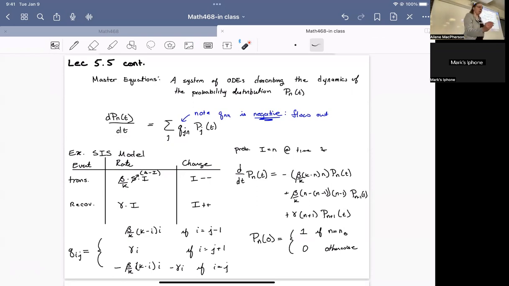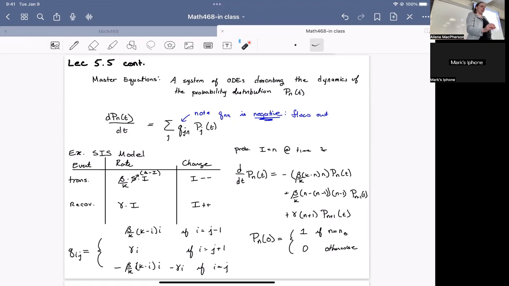The important thing to remember is that the quantity Q_NN here is going to be negative because it is the diagonal element of your transition rate matrix. So by definition, it describes the flow out of that class. So you'll capture the flow out and the flow in.